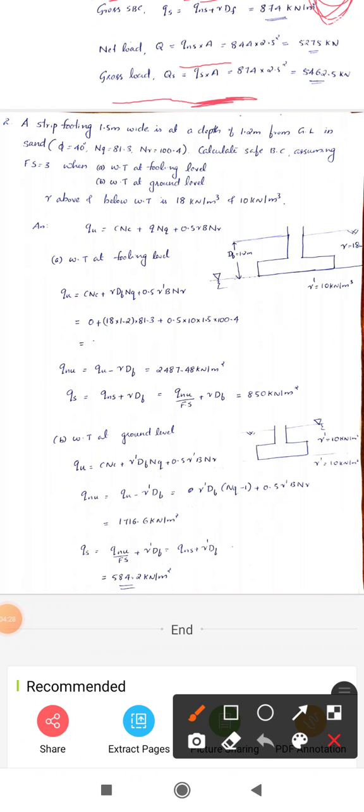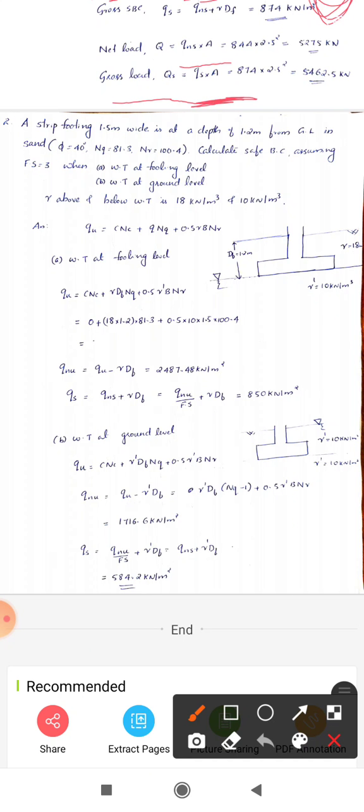So phi is equal to 40, Nq 81.3, N gamma 100.4. Calculate safe bearing capacity assuming factor of safety is equal to 3, when A, water table at footing level, B, water table at ground level. That is, here there is effective water table, and we have to find out the safe bearing capacity when water table is at footing level and when water table is at ground level.